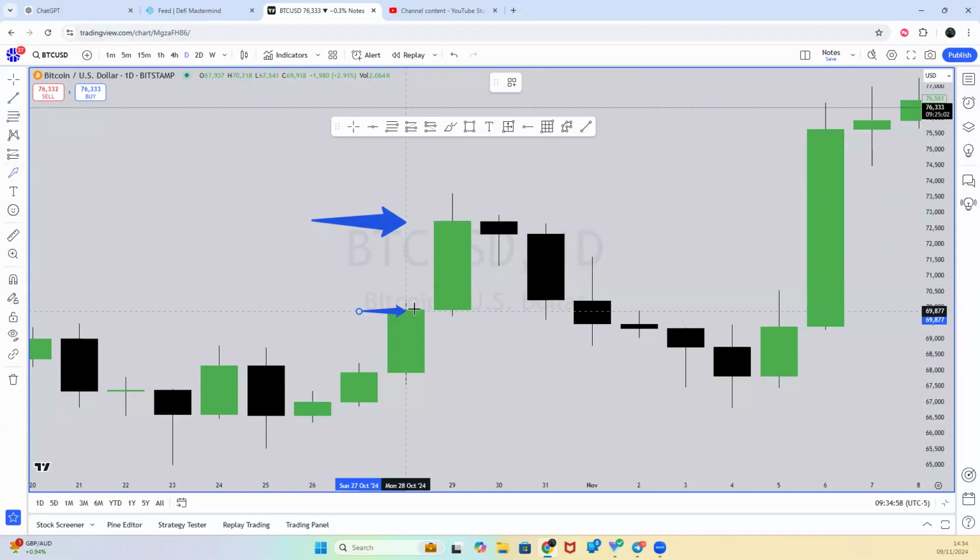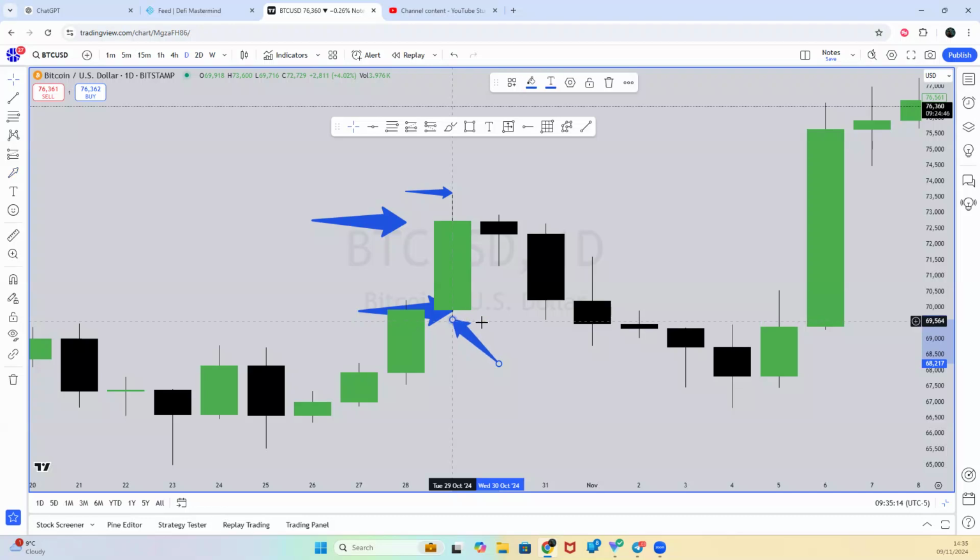This is the open price. And then we've also got the high, which is where the wick stops. So this is our high. And this is the low, where the lower wick stops. So we've got open, close, high, and low.